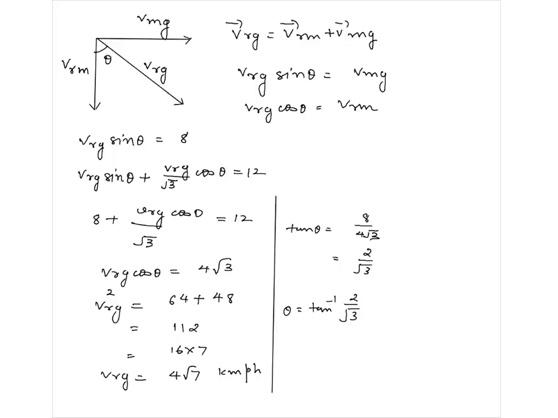Yes. Sir, in that VRG cos theta is equal to 4 root 3. Below there is something, 2, sir. I'm not clear what is that. That is square. We have considered these two equations, star and hash.